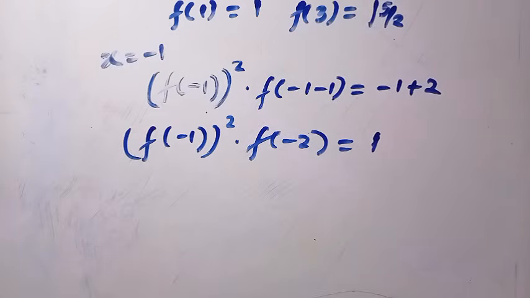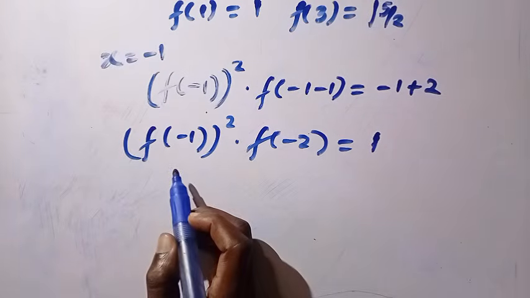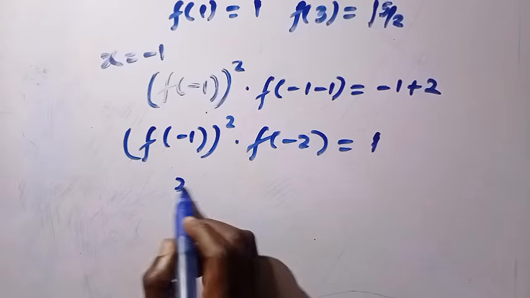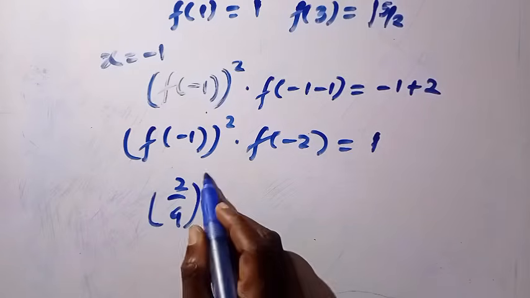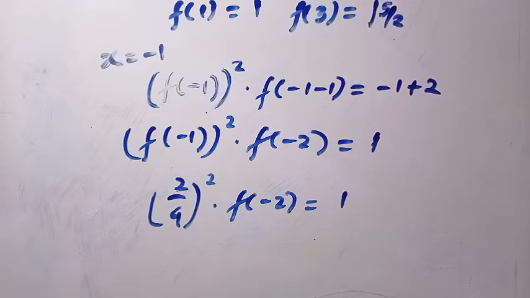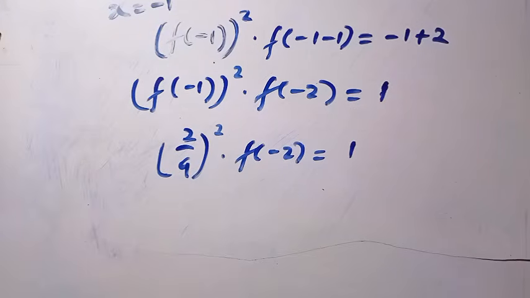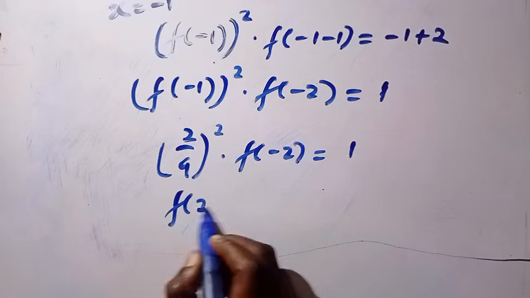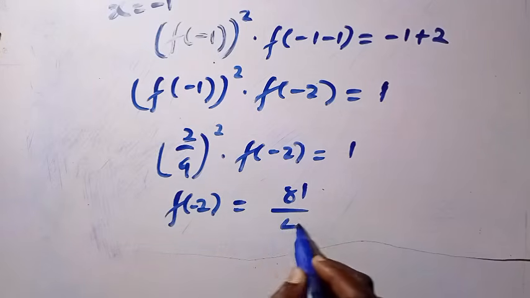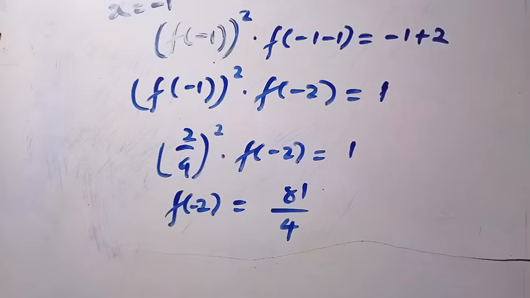And we have f of minus 1 as 2 divided by 9, which we have gotten before. 2 over 9 raised to the power 2 multiplied by f of minus 2 equals 1. We know that 2 over 9 squared is 4 over 81, and we cross multiply, so f of minus 2 equals 81 divided by 4, as expected. So the negative always keeps increasing here.